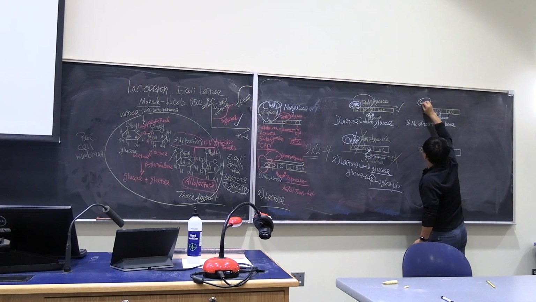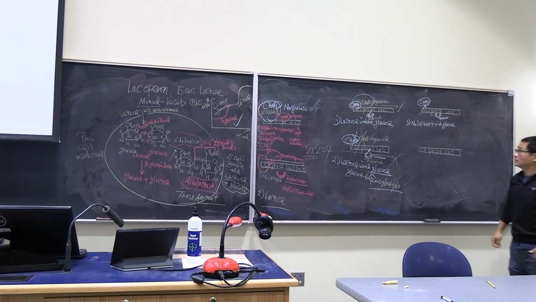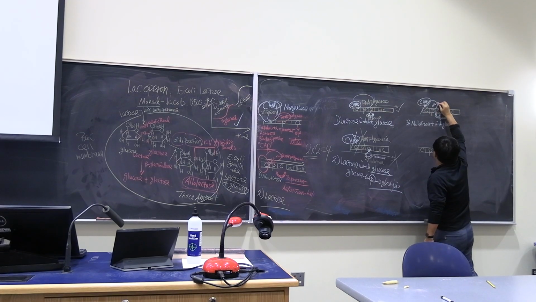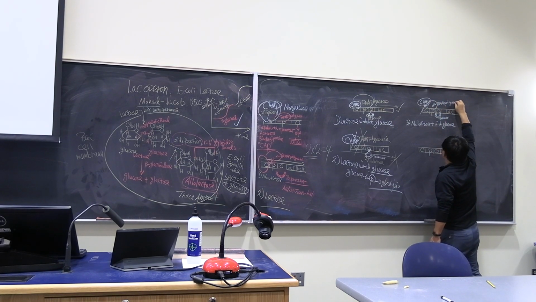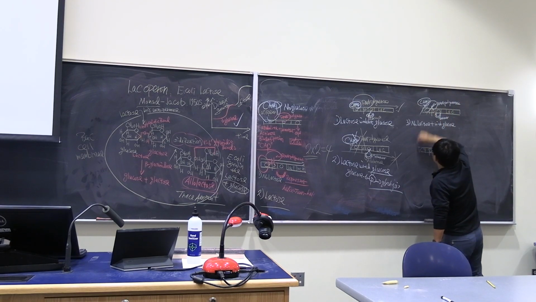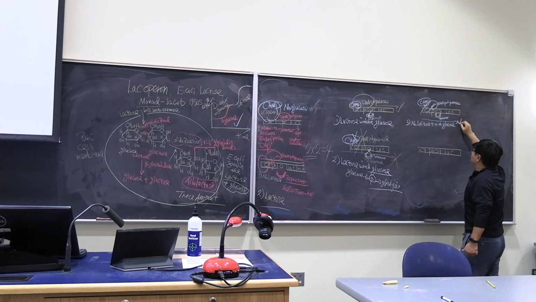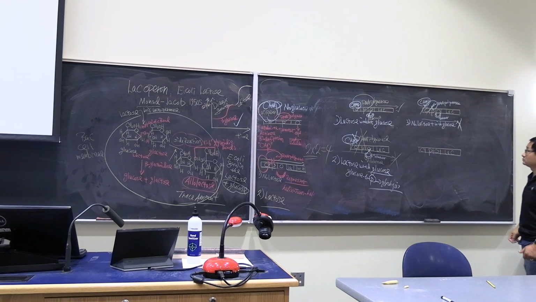The cAMP is not going to attach to the CAP site. Obviously, left and right don't work at all. So, does RNA polymerase attach to the promoter? Of course not. Does the transcription happen? Of course not.